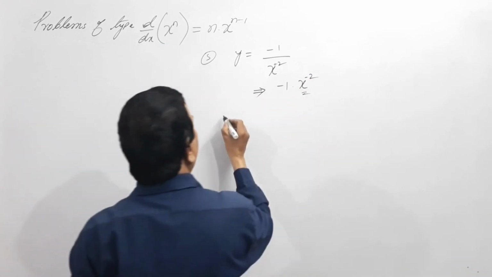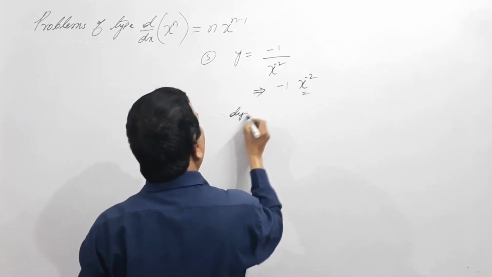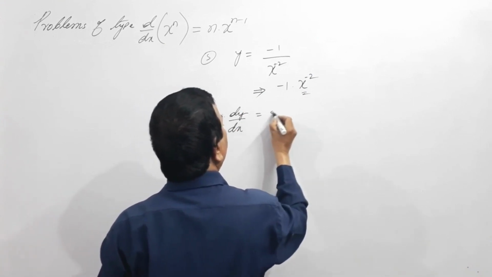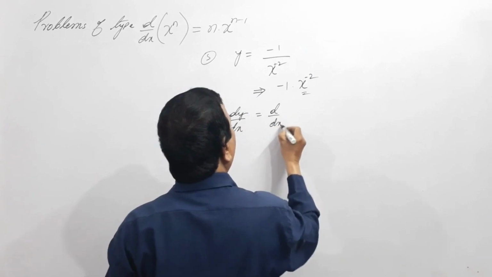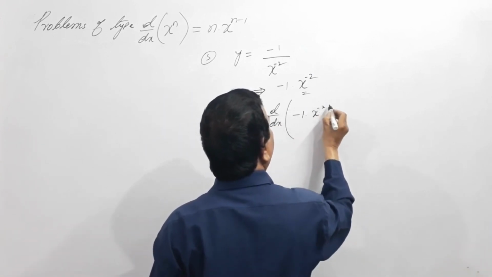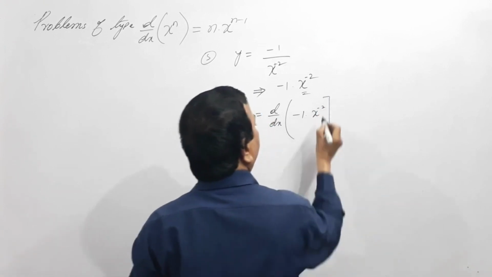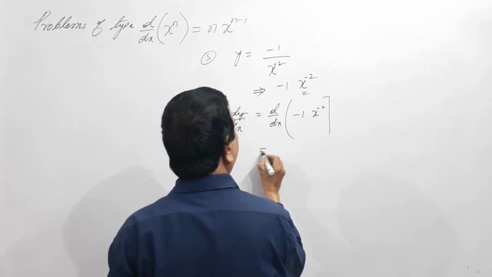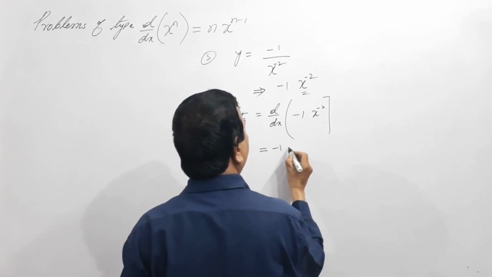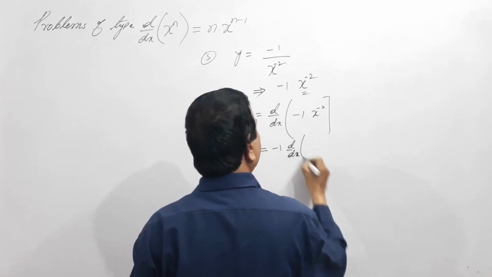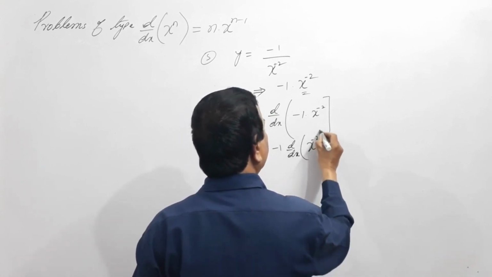So what will I do? Therefore, dy by dx equals d by dx of minus 1 into x to the power of minus 2. I will take this minus value outside and say d by dx of x to the power of minus 2.